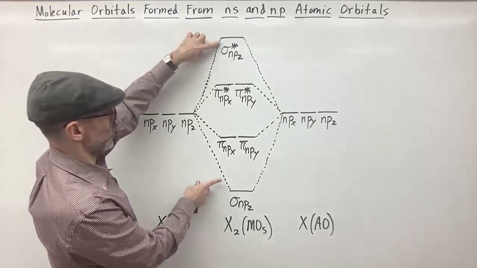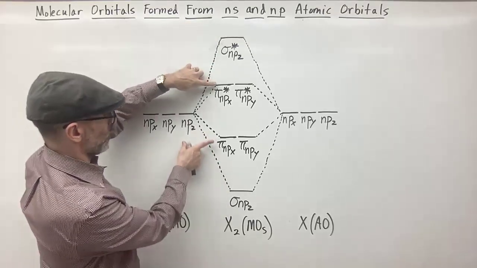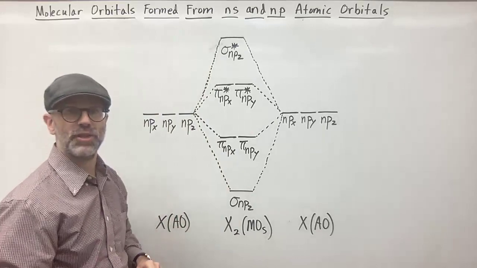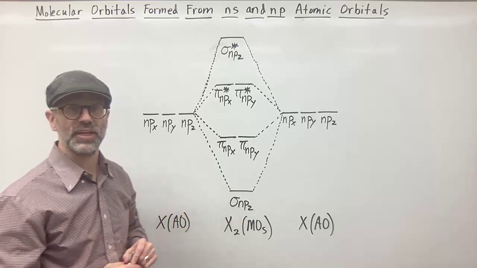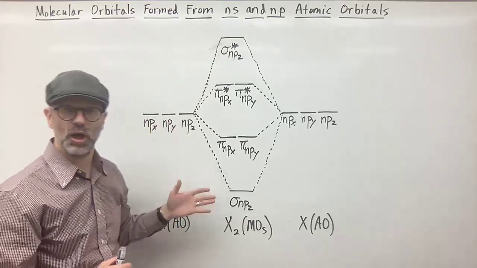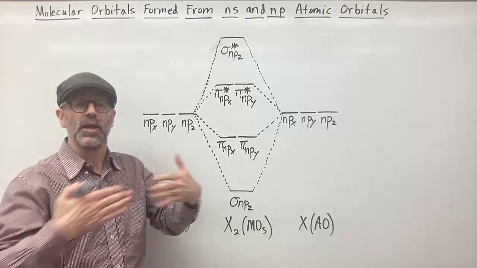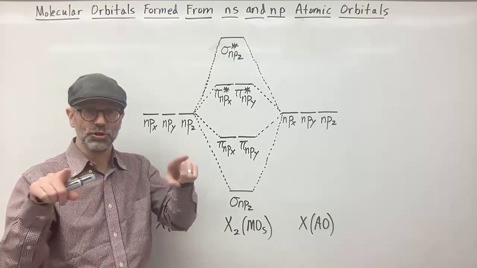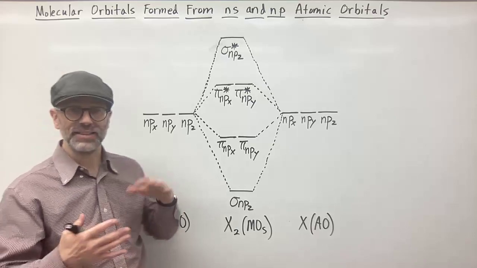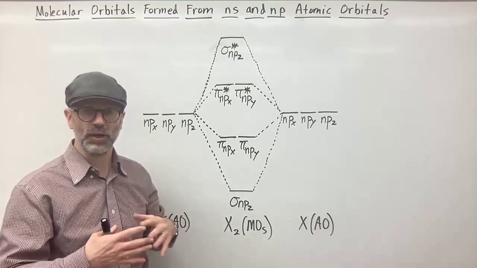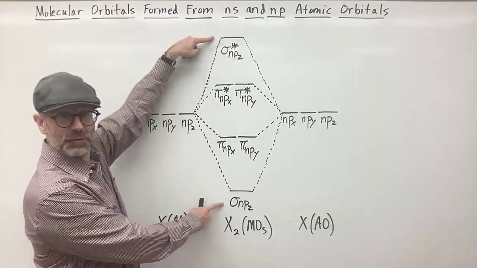The reason for the large difference between these two relative to these four here is because of the overlap between the lobes of the pz orbitals. And because they're overlapping quite a bit in the internuclear axis between the atoms, that's got a much stronger overlap and interaction, and that's going to lead to a much larger difference in the energies.